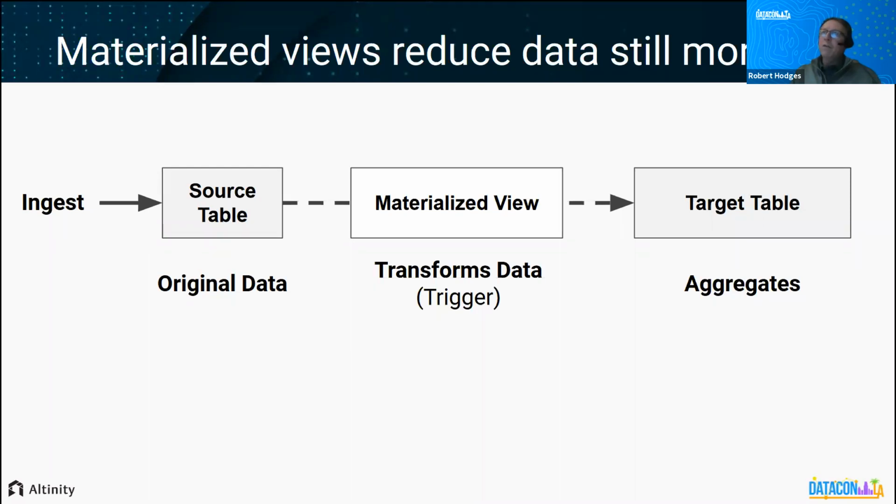What they're going to do is pre-compute some of the aggregates, the questions that we might ask. The materialized view is basically like a trigger: when you put something into the source table, the materialized view runs a query on it and puts the results in a target table that you can then query. Here's an example.